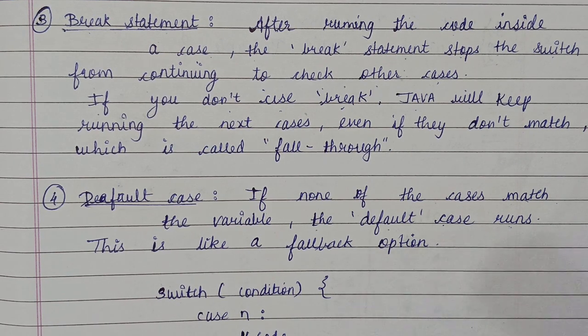Suppose for example a user has entered an invalid input, and to give a message to the user, we give a statement that says please enter a valid number. For that the default case is used.